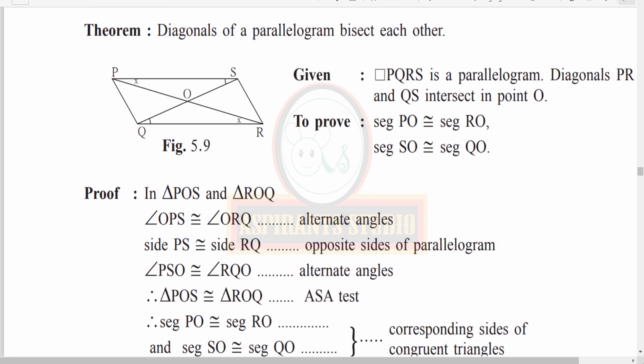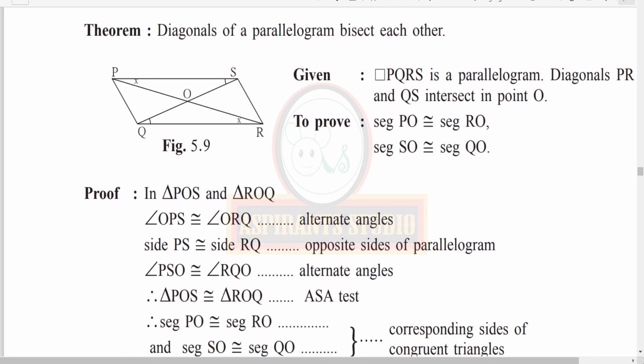Now coming to the corresponding sides of congruent triangles, in short CSCT. So you have to see the remaining pairs. Cut the triangle and place one over the other in the mind and see.